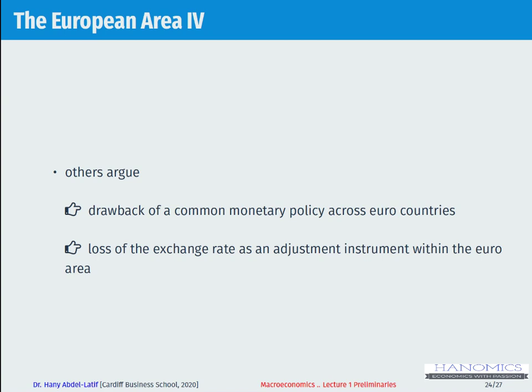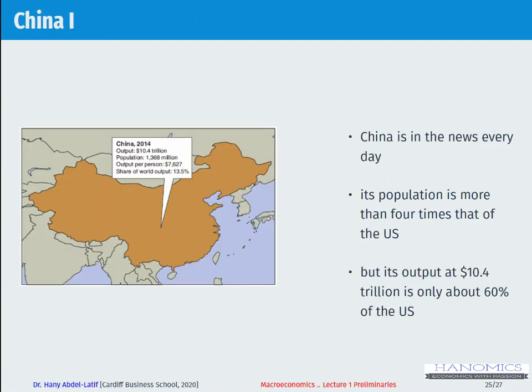What I'm going to conclude with is China. China is the second largest economy in the world. It's been growing very fast for a long time. And according to some indicators, it has overtaken the United States in terms of the size of the economy.